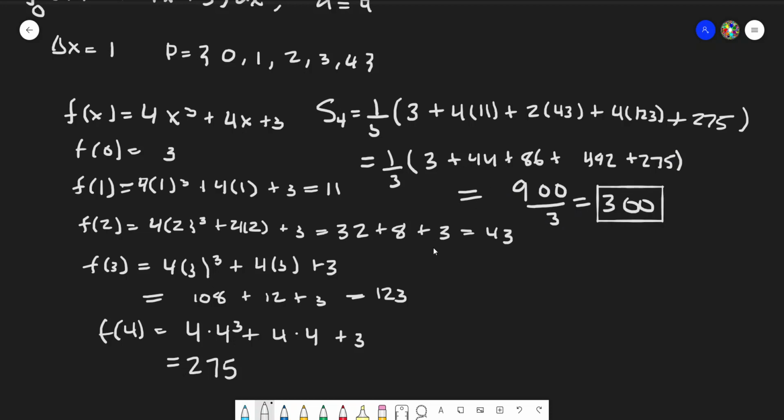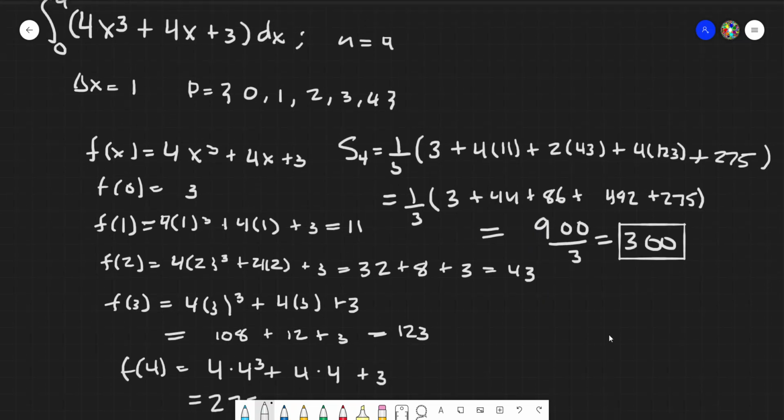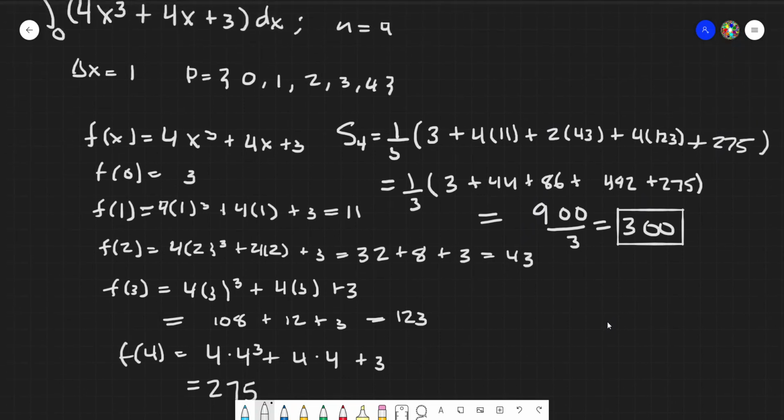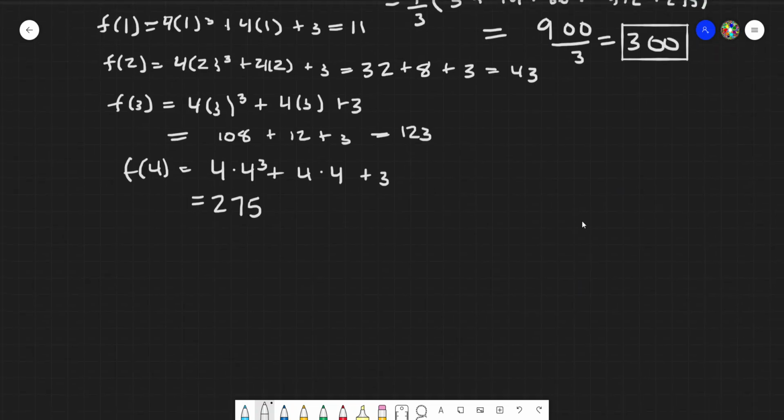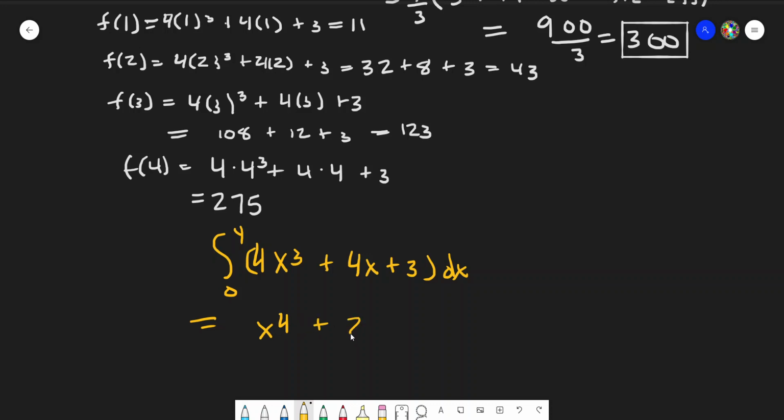So we use Simpson's rule, essentially. But notice this. If we were to just integrate the original function from 0 to 4 of 4x cubed plus 4x plus 3, you end up getting x to the 4th plus 2x squared plus 3x, from 0 to 4.